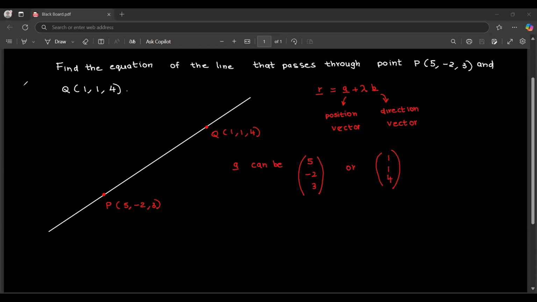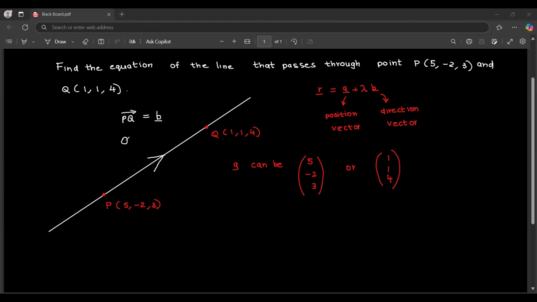If you consider this line, the direction of this line depends on the points P and Q. So if I find the vector PQ, that will be the direction vector in this case.